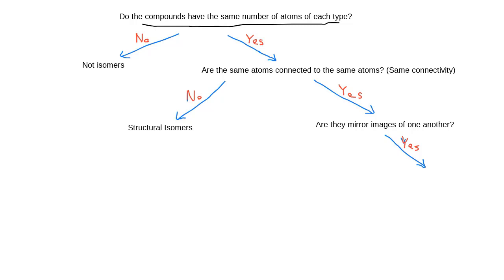That leads us to one last question. If they are not mirror images of one another, if they're the same connectivity but they are not mirror images, then that means that they are what are referred to as diastereomers.